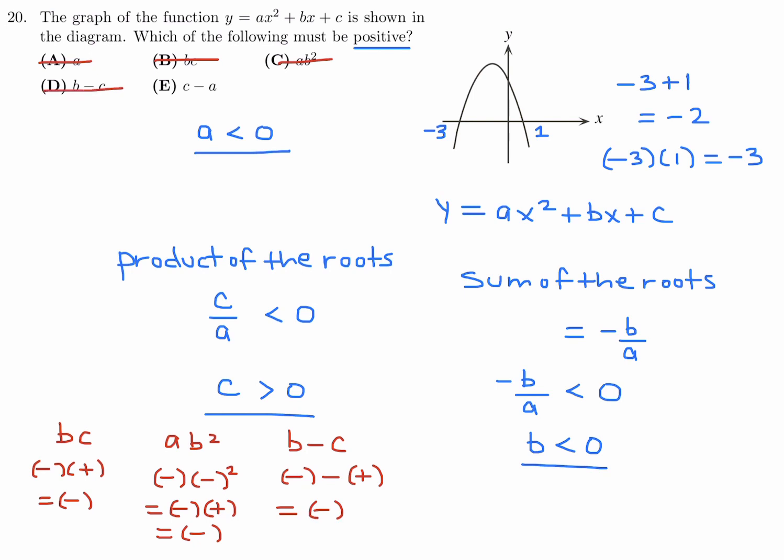Well, the answer's got to be E, but let's just check. C minus A. C is positive minus a negative, and that basically becomes a positive plus a positive, or negative negative, right? And that is of course positive. So finally, the answer to number 20 is E.